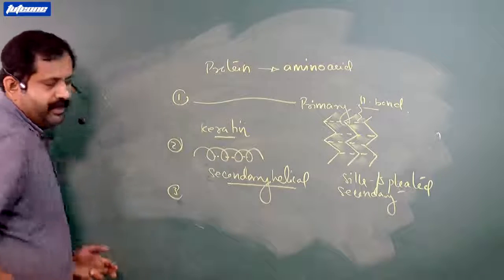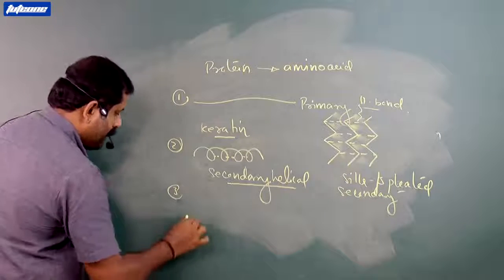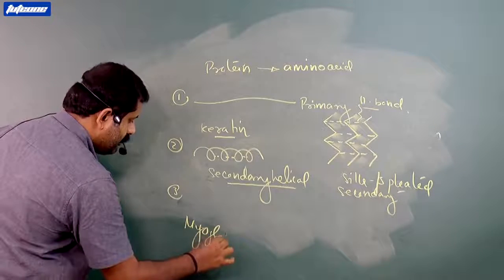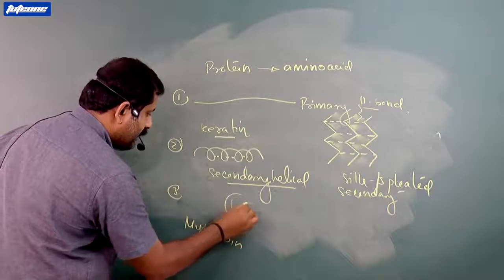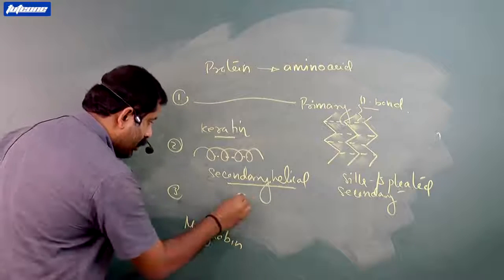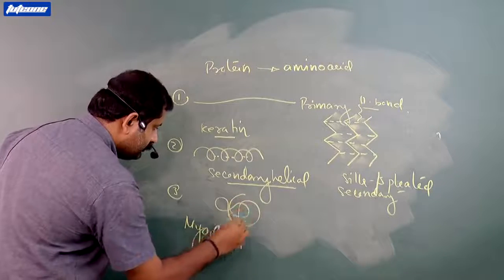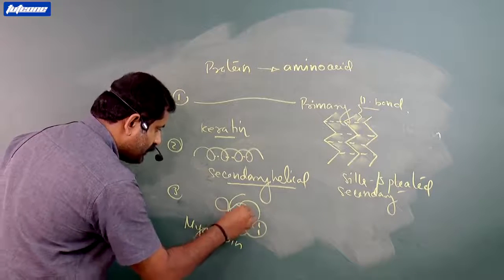Third one, in some proteins like myoglobin, the same primary structure is coiled like a ball. And you can see hydrogen bonds between them.